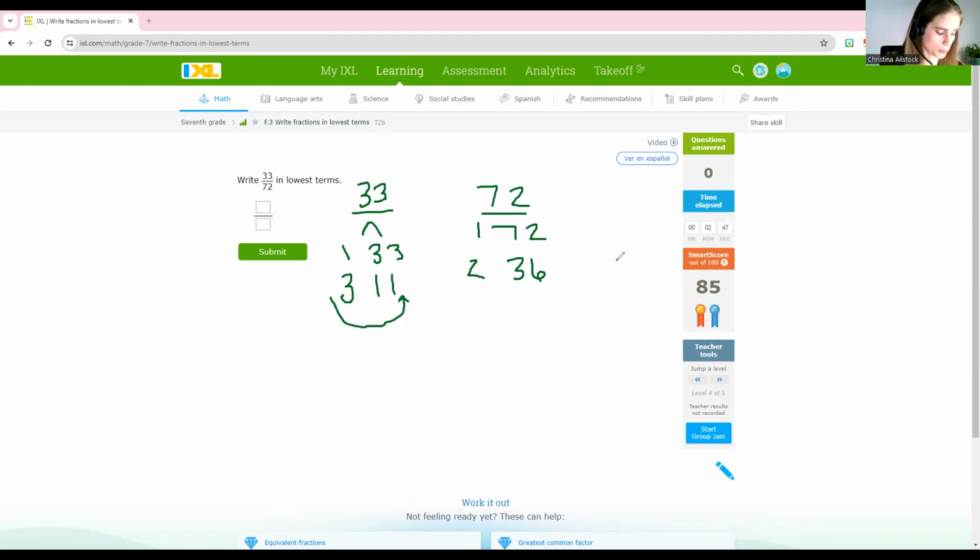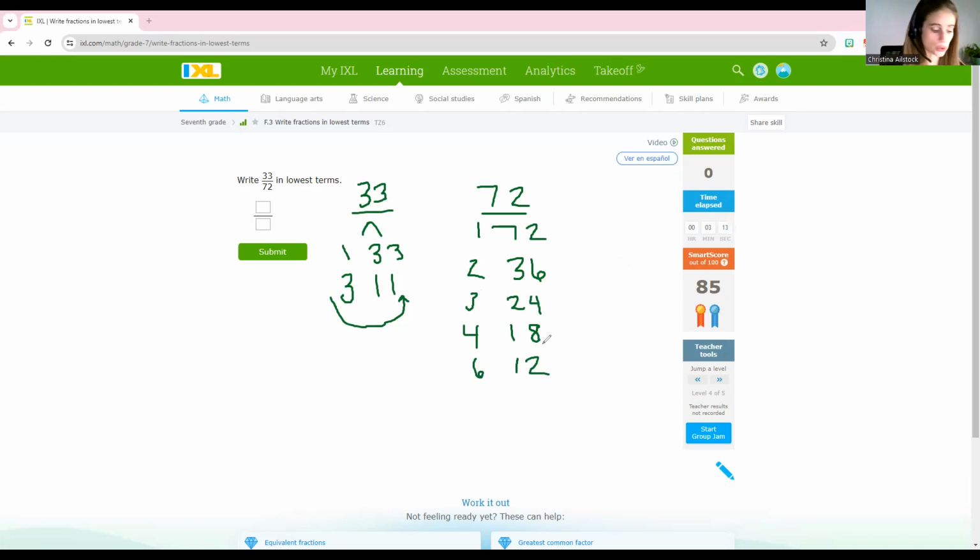Looky there, it's a whole number, it works. So we have 3 and 24. And then does 4 work? Yep, 4 and 18. I know 5 doesn't work because in order for 5 to be a number that we can divide by, it has to end in a 5 or a 0. 6 works. We have 6 times 12.